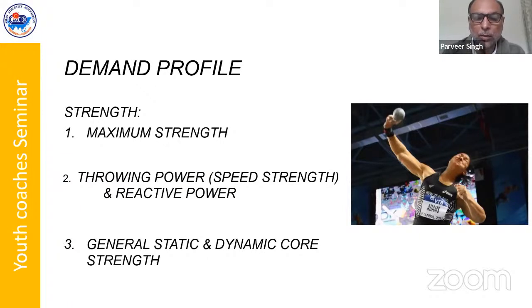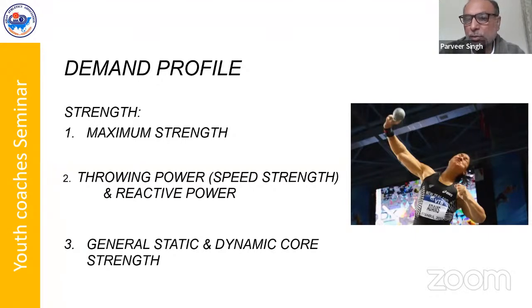So what is maximum strength? A simple definition of maximum strength is the ability to produce maximum force by the working muscle. So how much force you can produce is maximum strength.